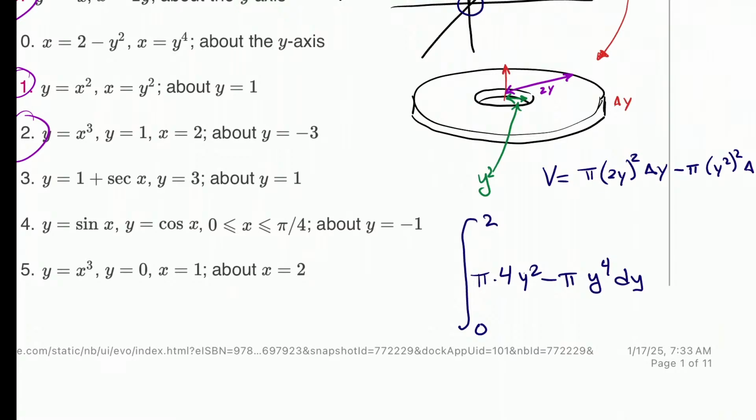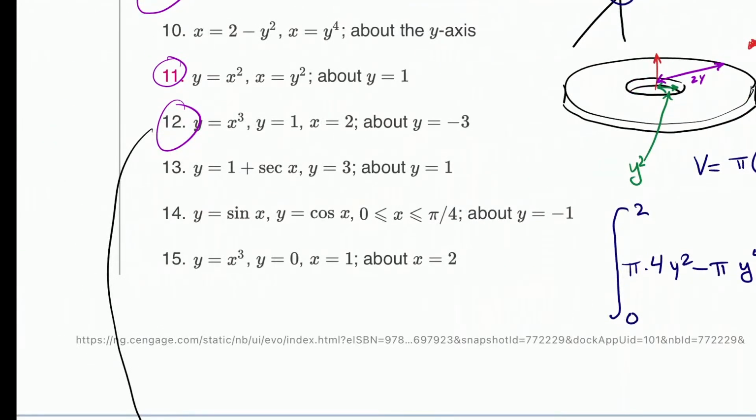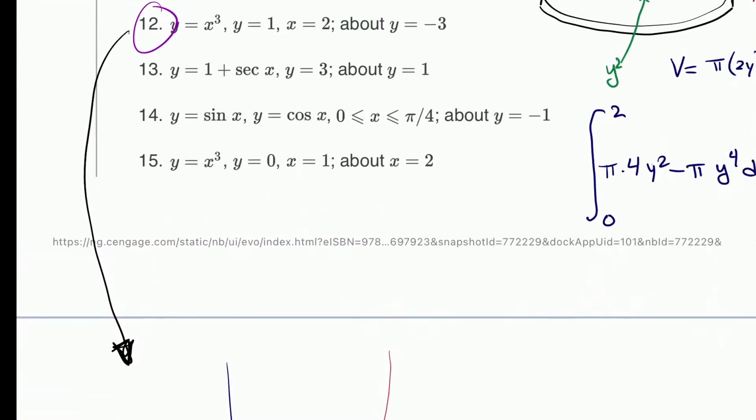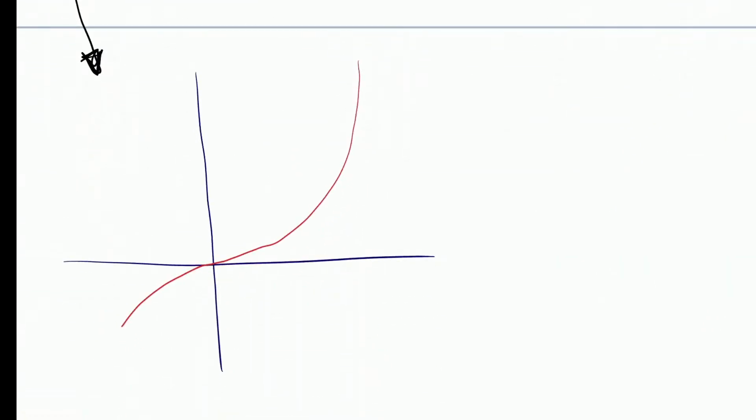Okay, next, let's take a look at 12 just to see how that works. Give me a minute. I didn't pre-sketch. I should have sketched this thing. So y equals x cubed. Give me a sec. I'll just do my best. So y equals x cubed looks something like this. Y equals 1 looks something like this.